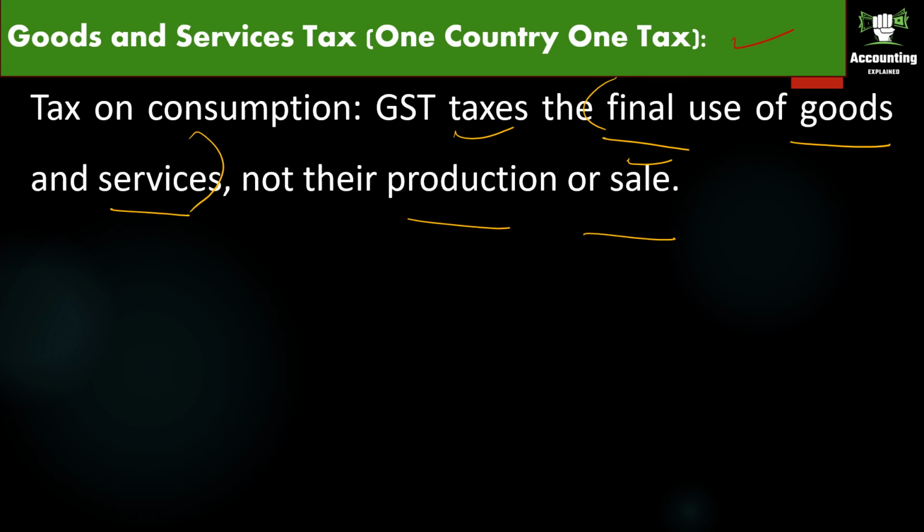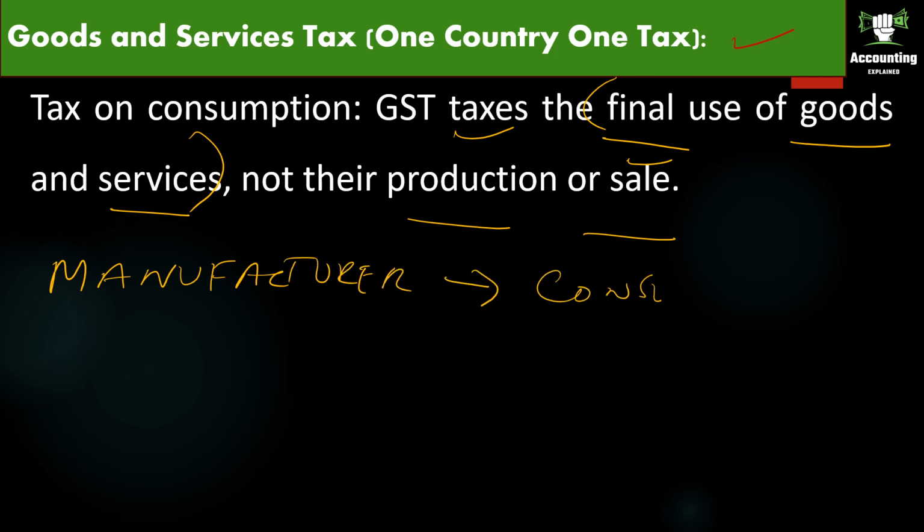So it is a single tax on the supply of goods and services right from the manufacturer to the consumer, that is the last person who is going to consume the final product. It is a single indirect tax for the whole nation, for the whole of India.